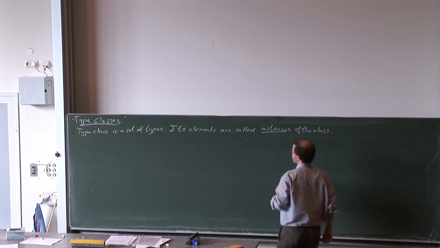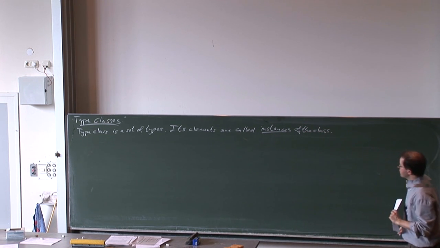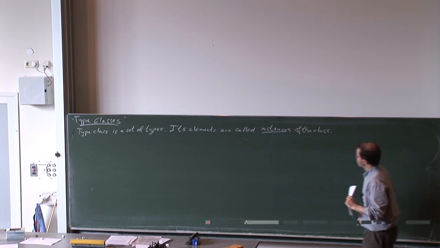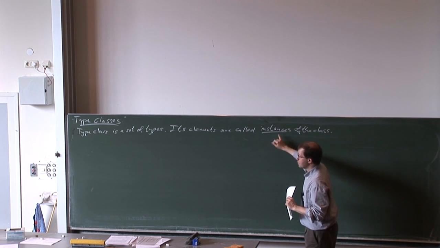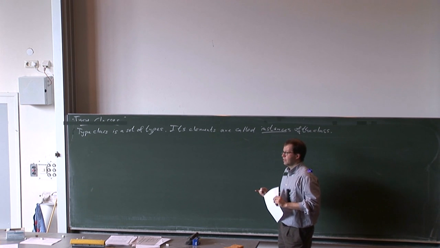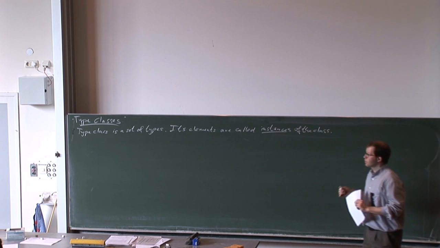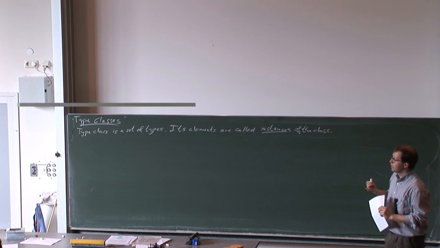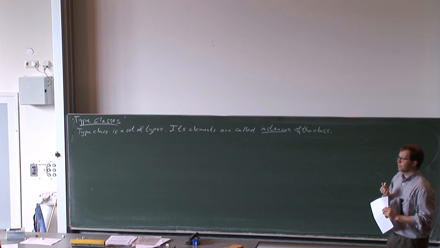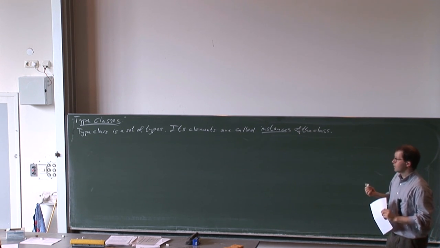And the main reason why this is interesting is that in these instances, so in these types, you very often have the same functions. They look the same, but they do different things. So this is this idea of ad hoc polymorphism. You have one and the same function, but depending on the types of the arguments, it does different things. And having a concept like this is called overloading.